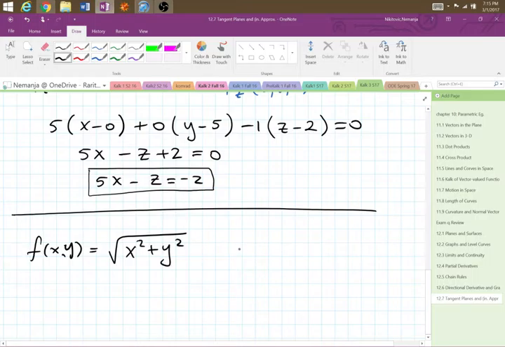And we would like to compute the function at 3.06 and negative 3.92. I know. It's amazing, right? 3.06.